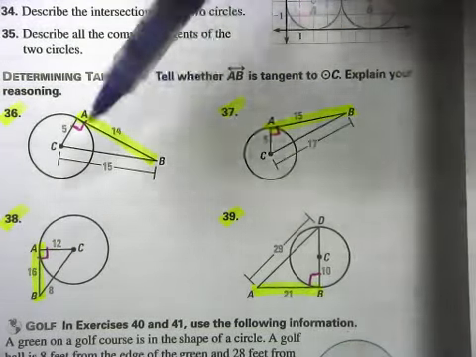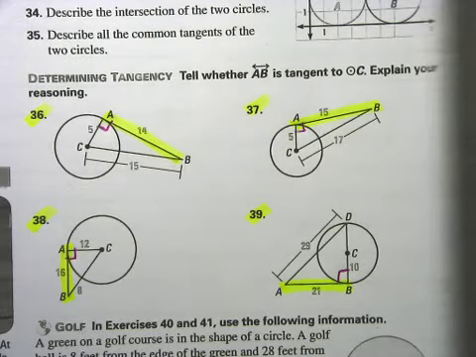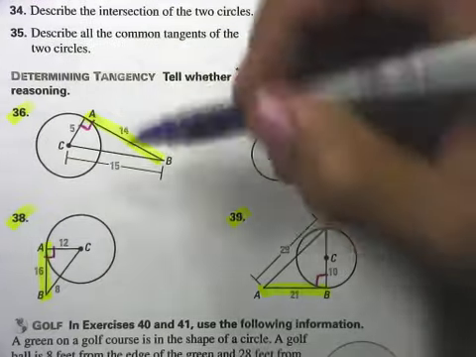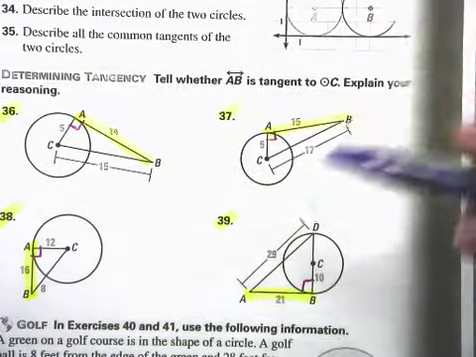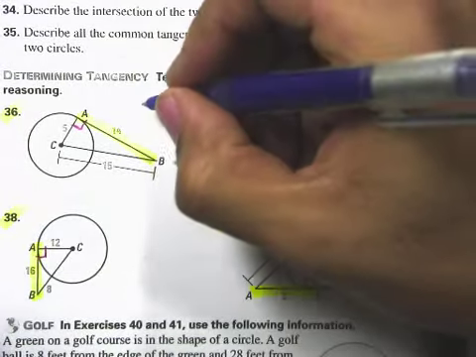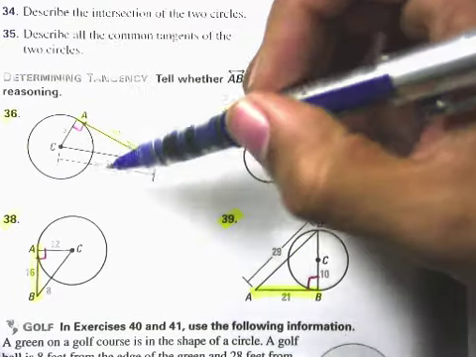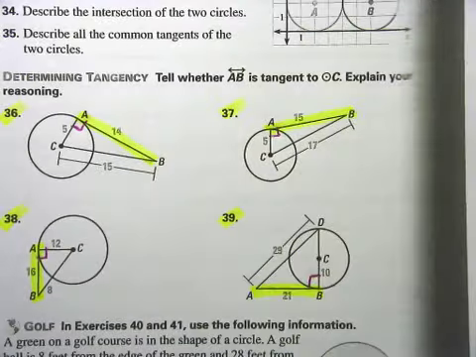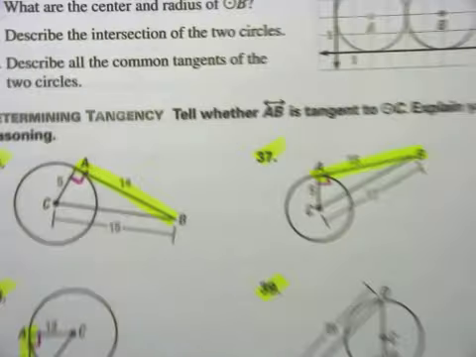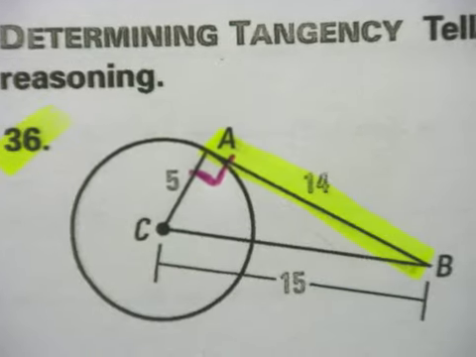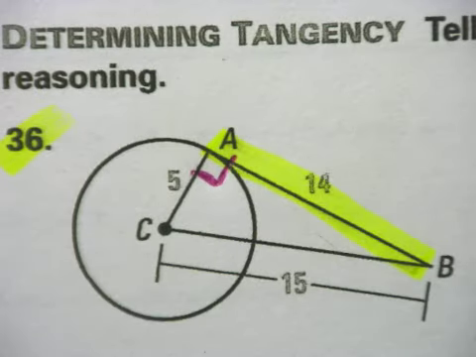And if I do that, then what I have, ladies and gentlemen, is a right triangle. So the Pythagorean theorem should prove whether or not this line is in fact a tangent line. Well, let's work it out. If these are the 2 legs and this is the hypotenuse, then 14 squared plus 5 squared should equal 15 squared.